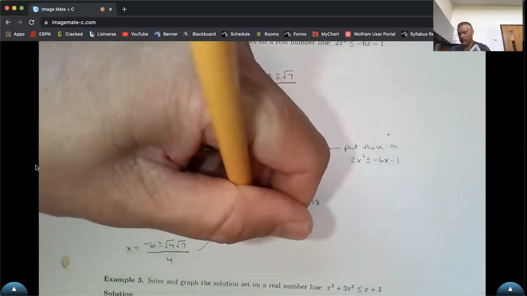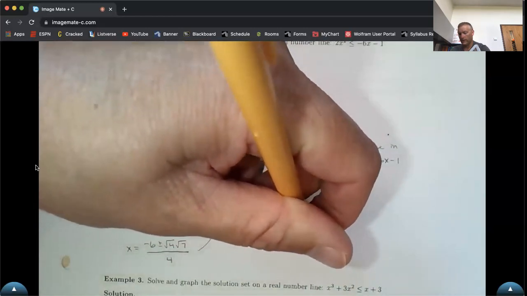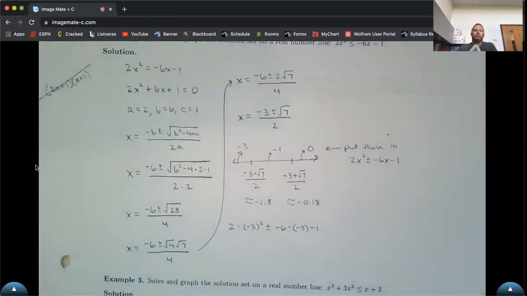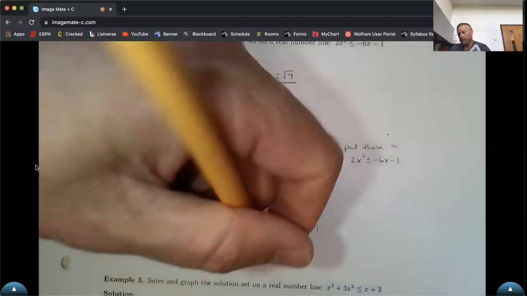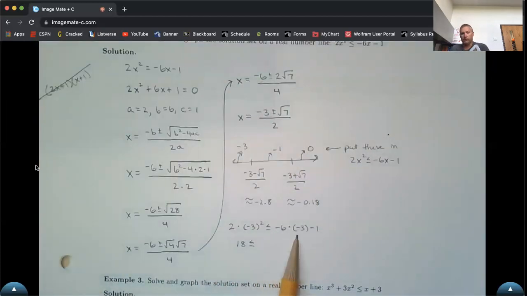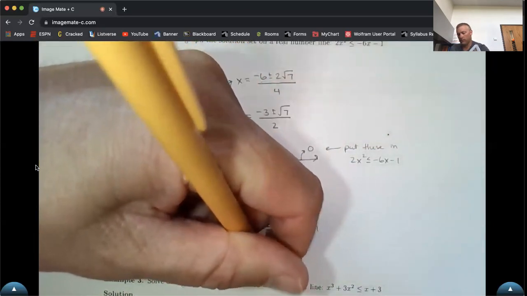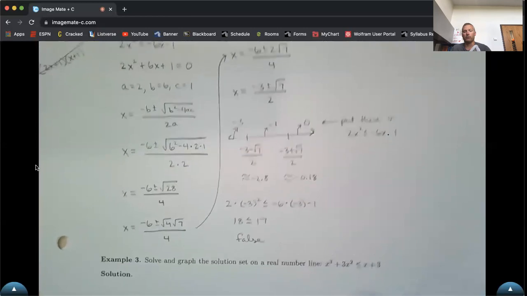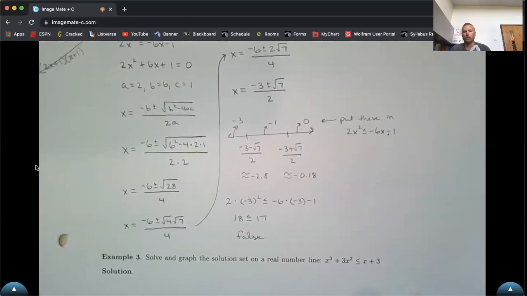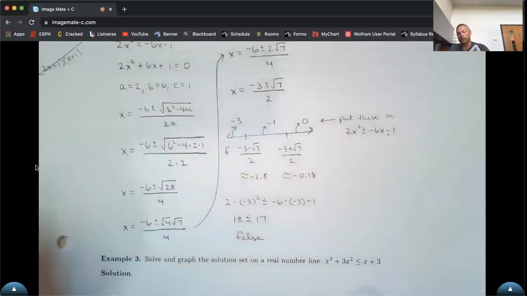So 2 times negative 3 squared less than or equal to negative 6 times negative 3 minus 1. That says 2 times 9, which is 18, is less than or equal to 18 minus 1, or 17, which is certainly false. So I can put a little f over here if I wish.